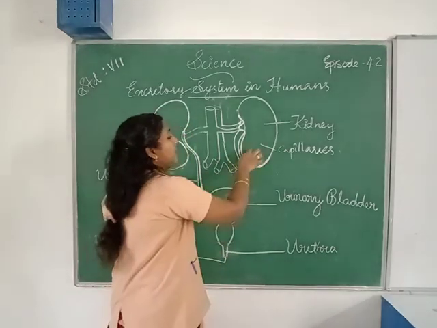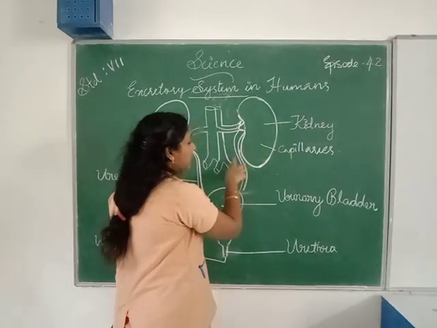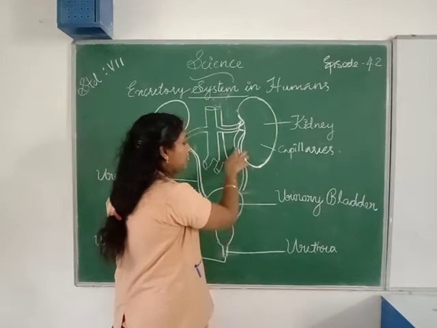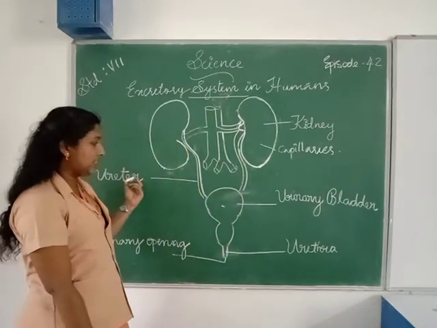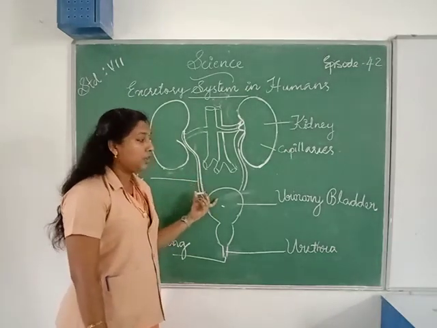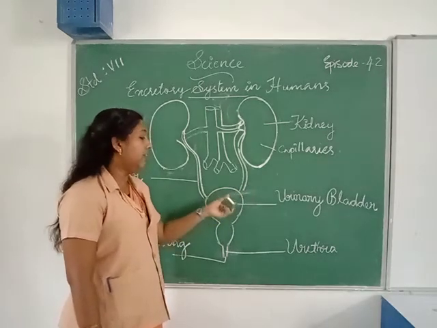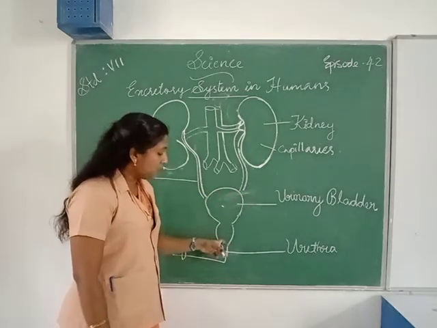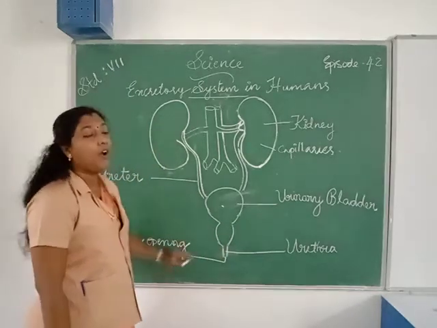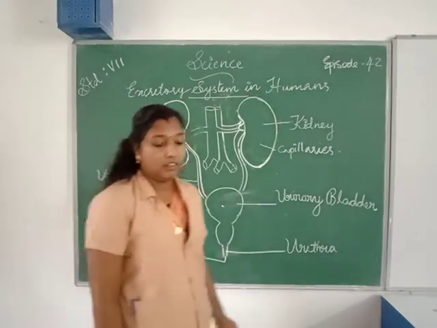The waste is removed from the kidney to the urinary bladder through a tube-like structure called the ureter. The urine is stored in the urinary bladder, then passed to the urethra, then passed out through the urinary opening.